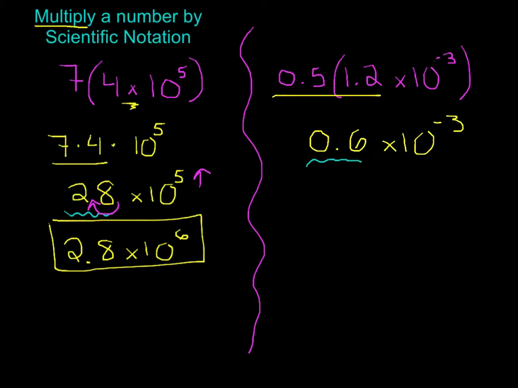So if we rewrite it, the front number will be 6 times 10, and then how do we change the exponent? Because we had to write this properly, we had to move the decimal place one place to the right to make a larger coefficient. To make up for it, we need to decrease the exponent. And when you decrease a negative number, it's like a bigger negative. So 6 times 10 to the power of -4.